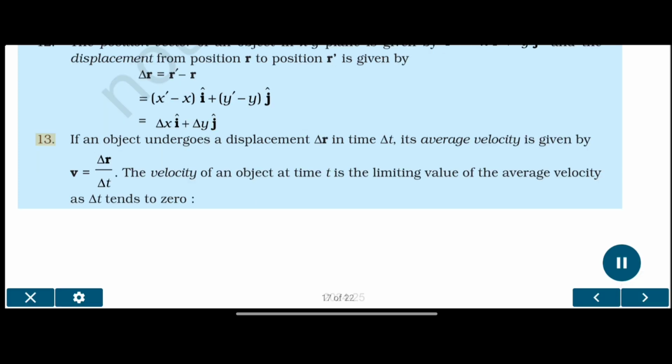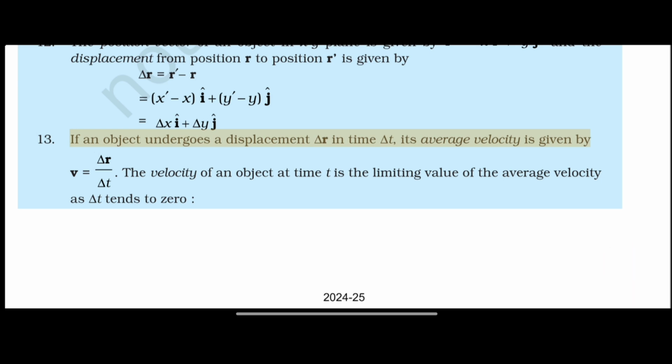13. If an object undergoes a displacement delta r in time delta t, its average velocity is given by v equals delta r over delta t. The velocity of an object at time t is the limiting value of the average velocity as delta t tends to 0.